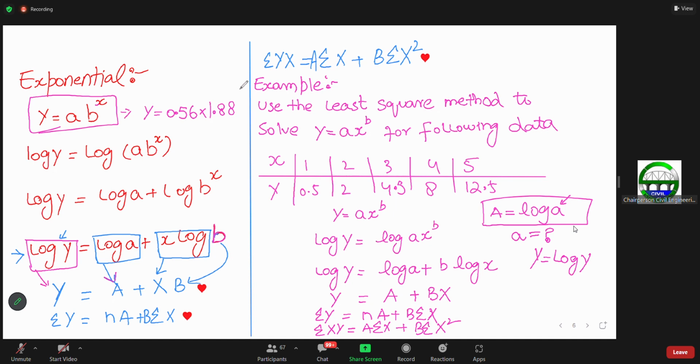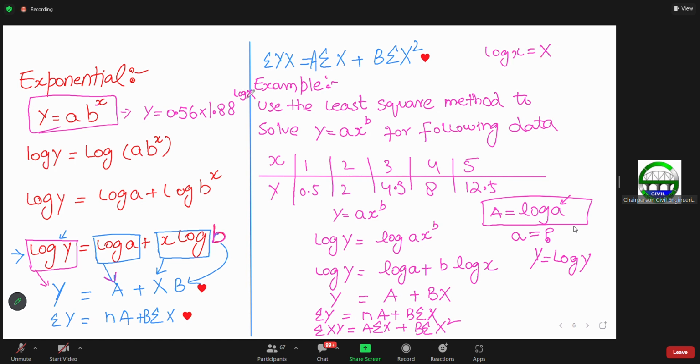X could be, let's say, log of capital X, right? Because we put log of X is equals to capital X already, right?